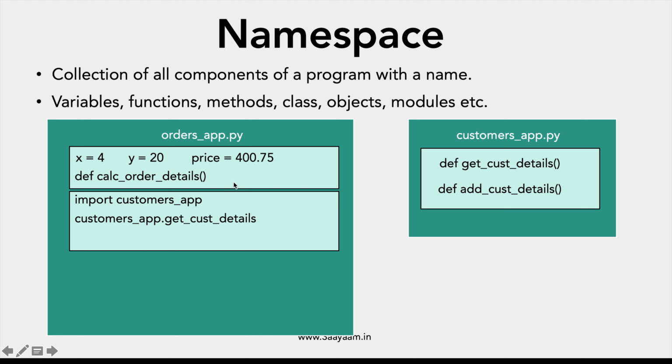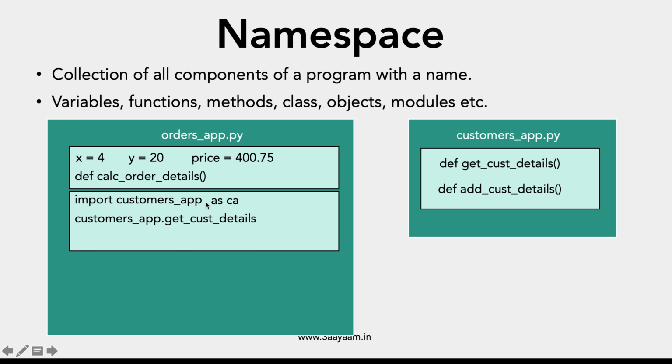So the namespace, as I said, would be the name of the program, which is customers_app. So if I have to use the functions or methods or variables of customers_app, I'll have to append that function or method using the namespace, which is customers_app.